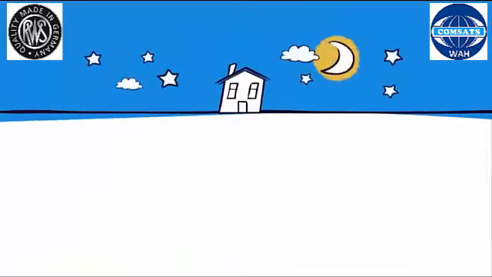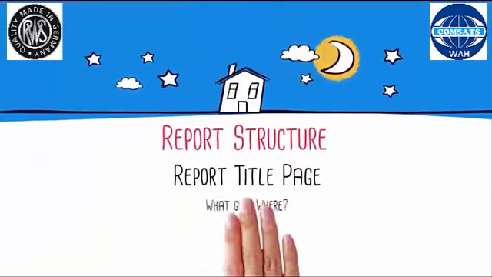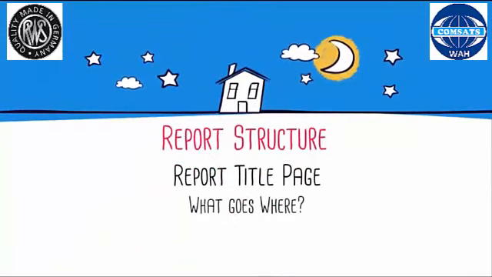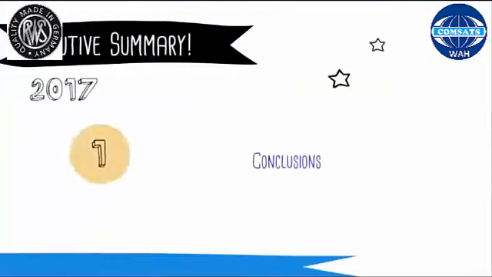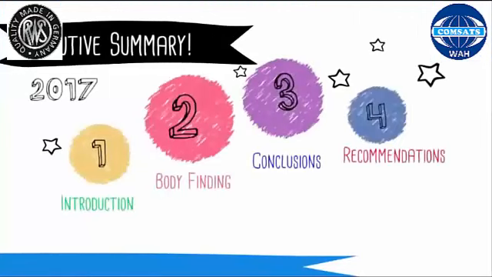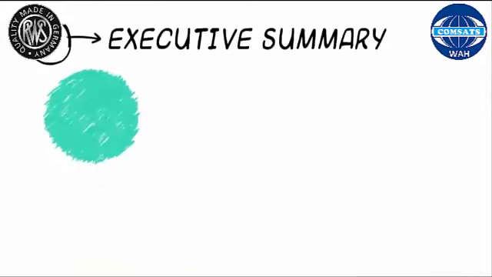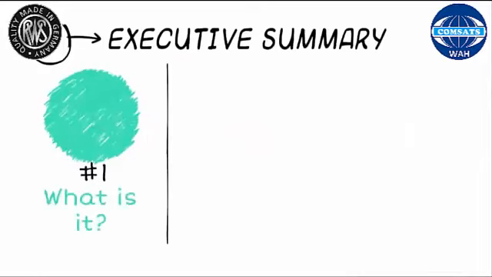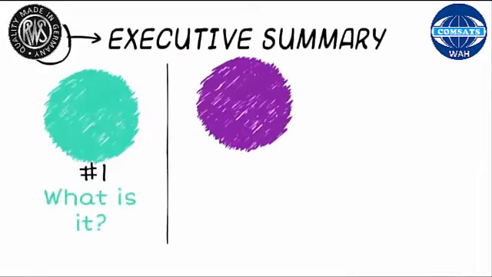In today's lecture, you had a comprehensive overview of the structure of a report, starting with the title of the report. The first and foremost part of the report comprises of introduction. Then comes body findings, conclusions and recommendations. The three basic questions before writing a report are: what is it? How do we write it?